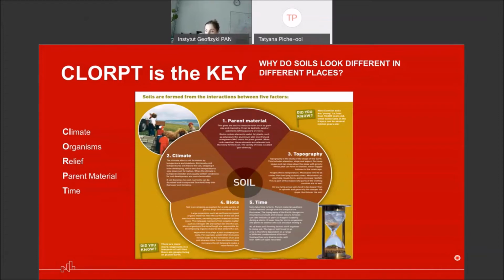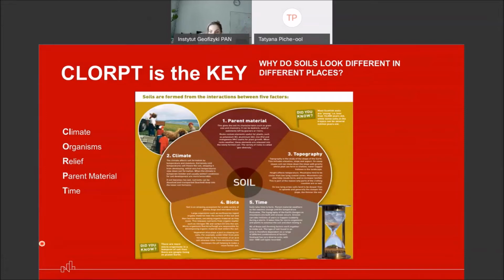It makes a difference whether it faces north or south, whether it's warmer all day, or colder and wetter, and so on. All this, also the exposure of soil, can affect the way it looks. Relief here is also described as topography.